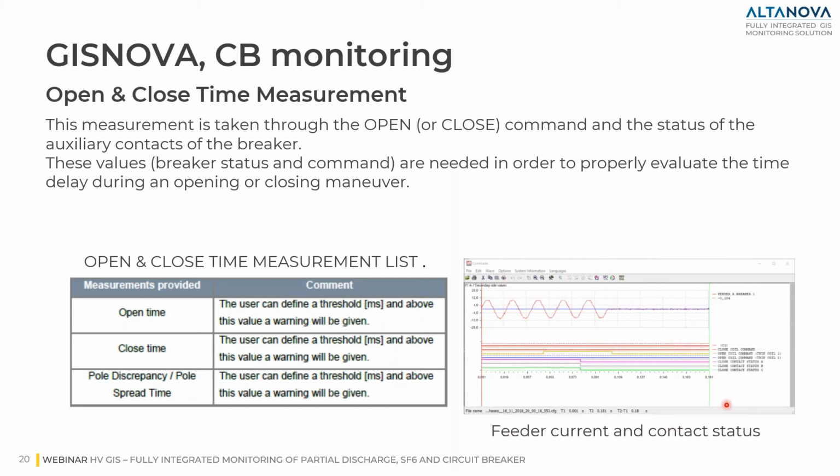On the right, more or less equivalent to the graph you've seen before, you have on the top the feeder current, and on the bottom the contact status for the open coil command, close coil command, and so on.